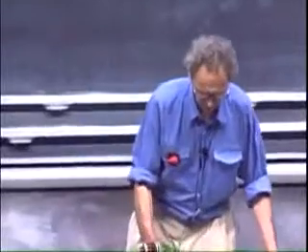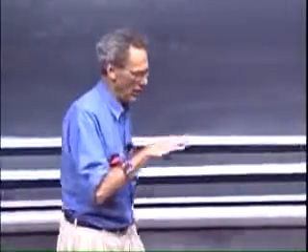I'm now going to make a connection between rotation on the one hand and centripetal acceleration on the other. I'm going to make a connection between centripetal acceleration and perceived gravity.